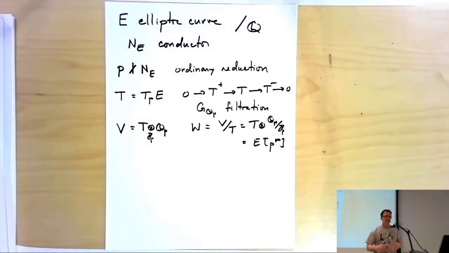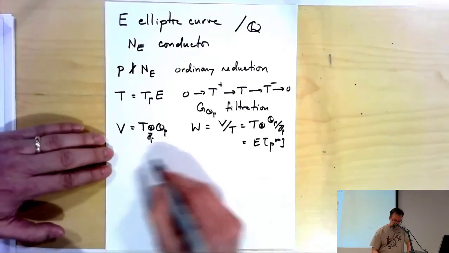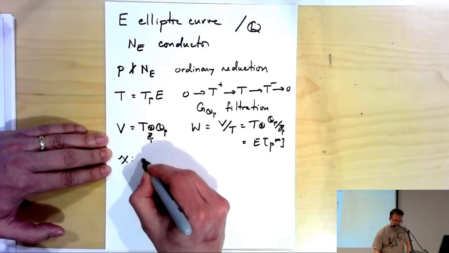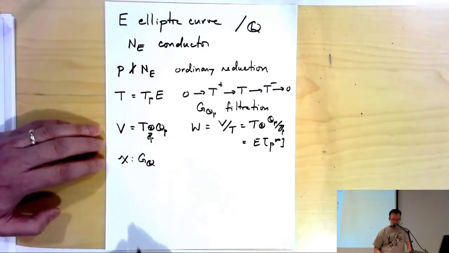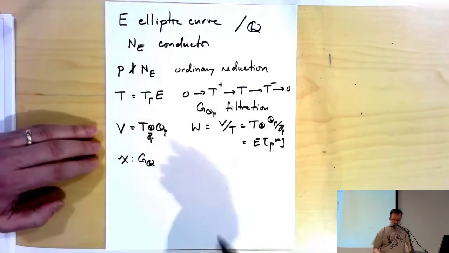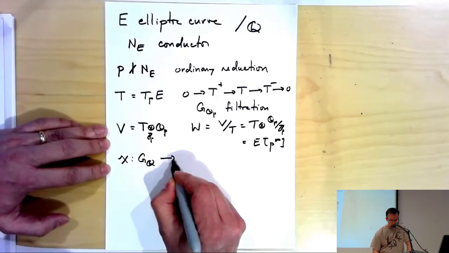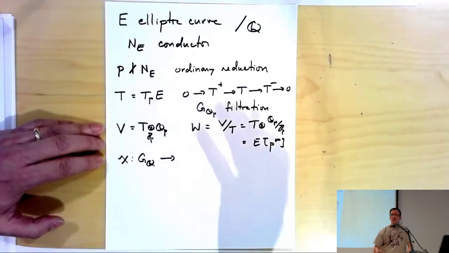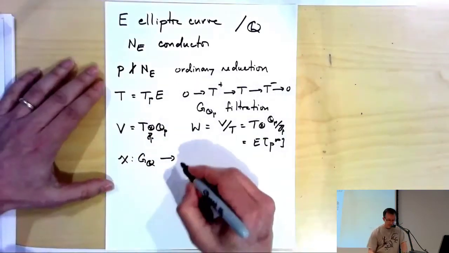And to add a little twist into things, I'm going to also consider a character, chi, of the Galois group of Q, so it's going to be a Galois character. Later we may want to consider characters over other fields. I'm going to take for the moment this character to have finite order, so really it takes values in the roots of unity, which I can embed in any algebraic closure.